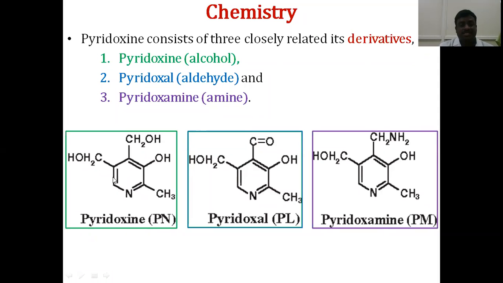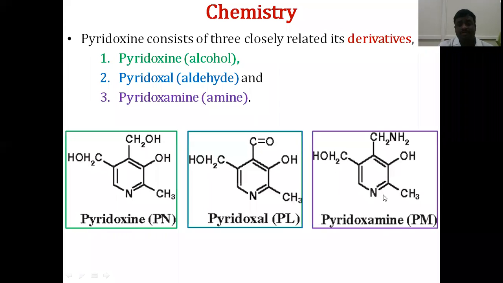It has a 6 carbon ring structure. At the first position it has a nitrogen. At the second carbon atom it has a methyl group, CH3, and at the third carbon atom it has a hydroxyl group, and the fifth carbon atom has an alcohol.